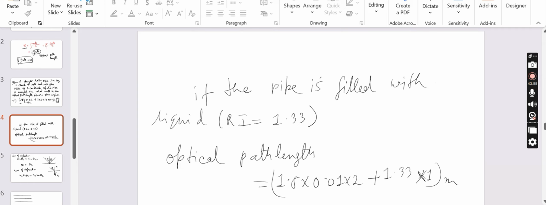In total it would be 1.36 meter. So we can see what the optical path length is.